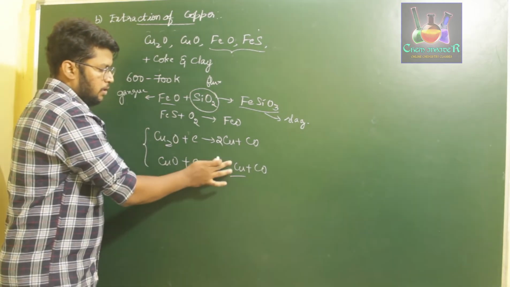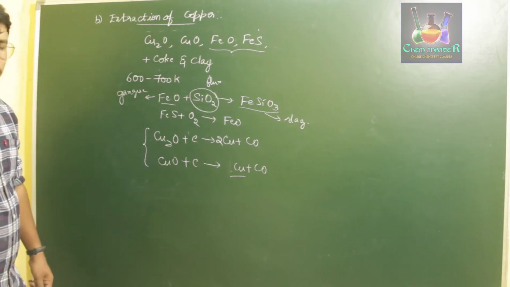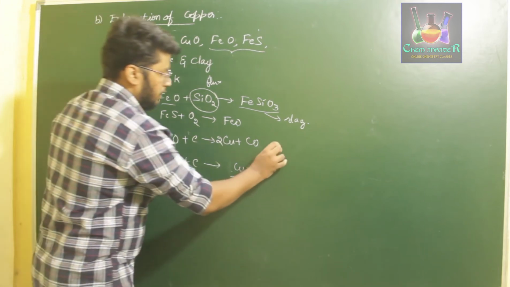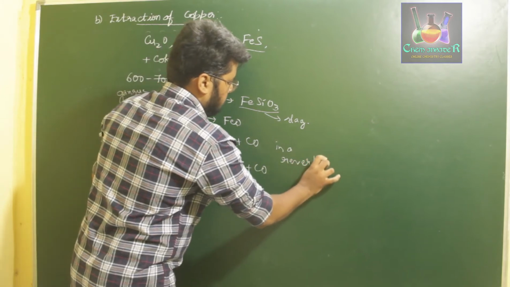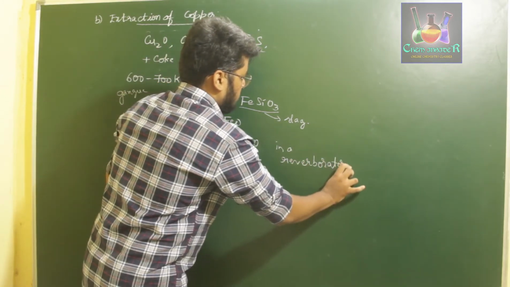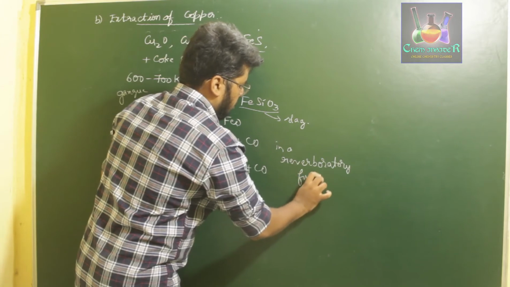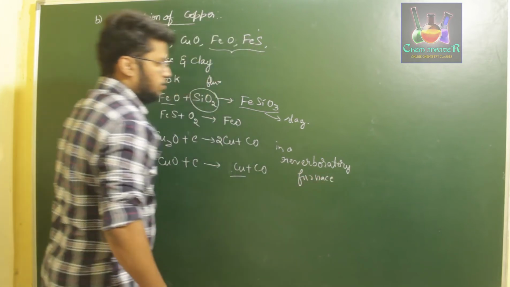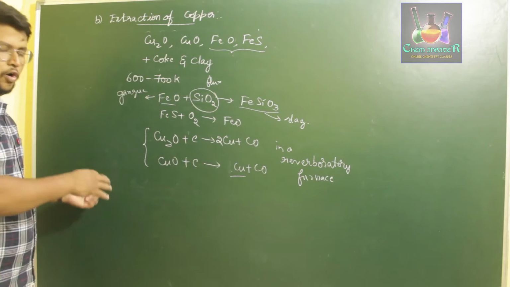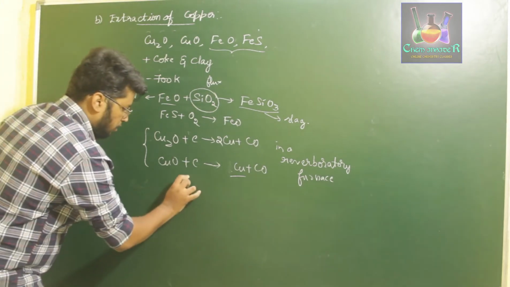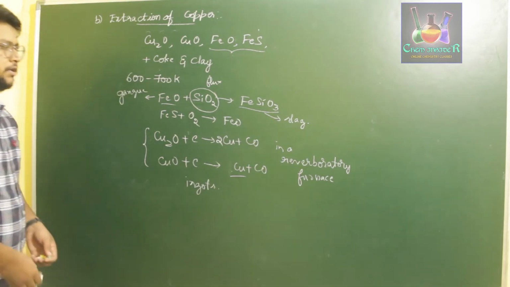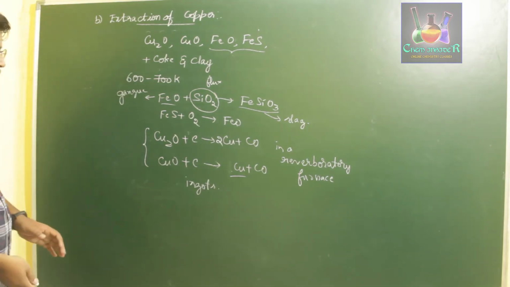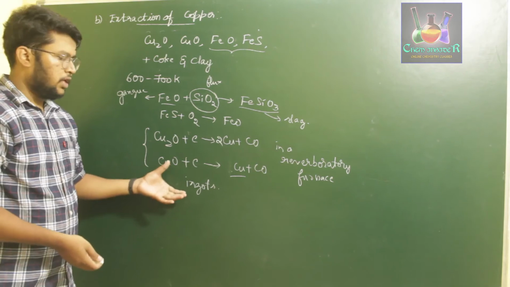So this metal copper which we have prepared by treating with carbon in a reverberatory furnace is melted and converted into the shape of ingots. We call the melted copper which is extracted from the reverberatory furnace, converted in the form of ingots.